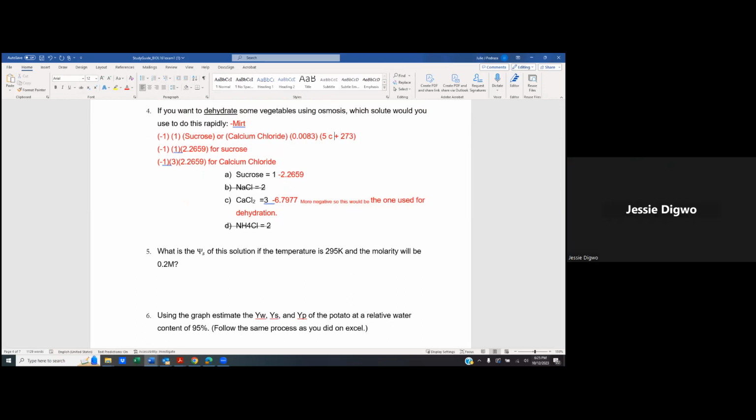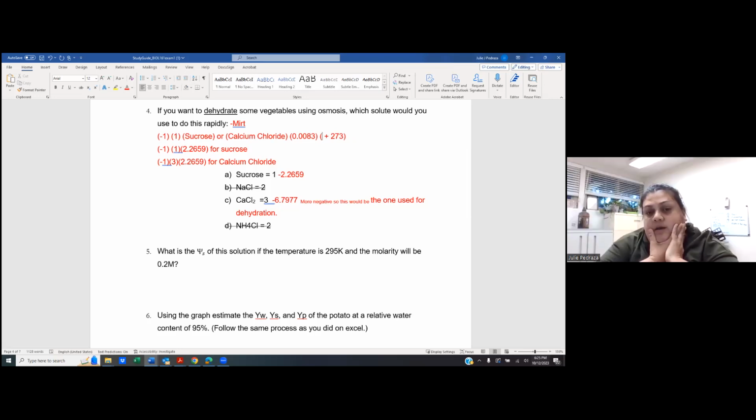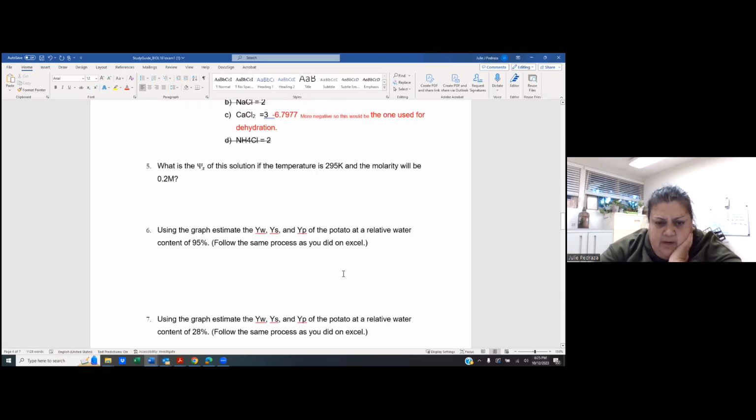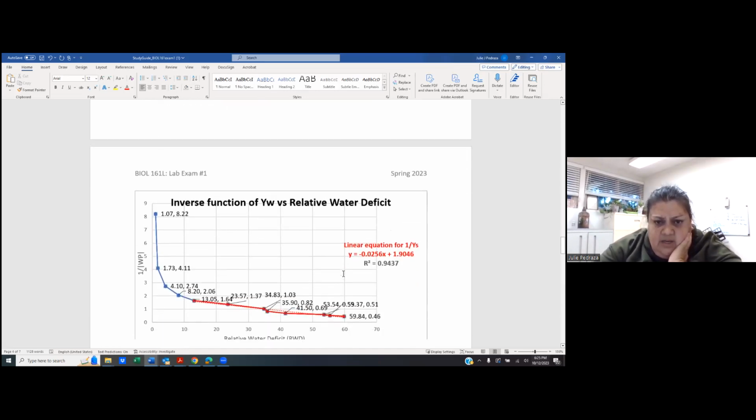So we add 273 to whatever temperature is given. Correct. There might be an example further down where it gives you a temperature.